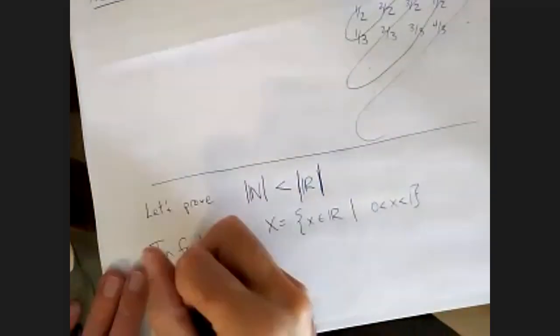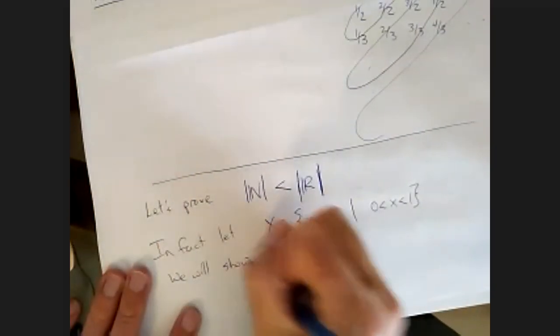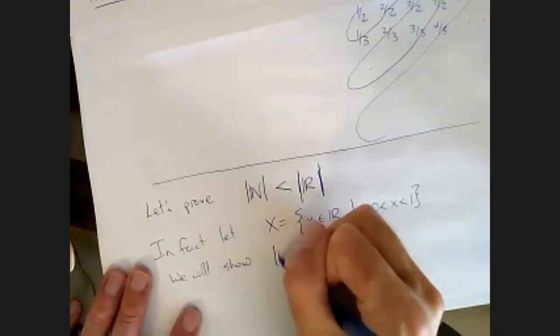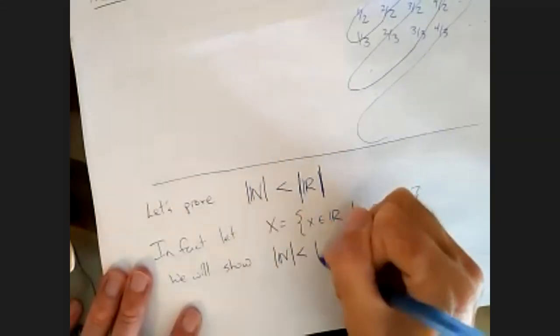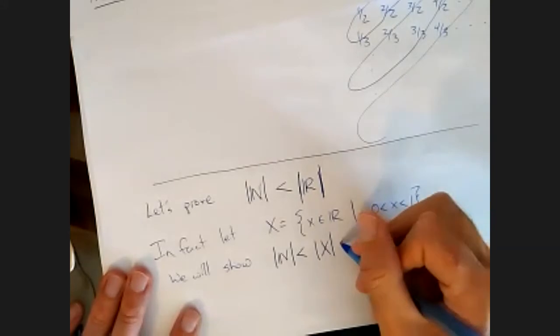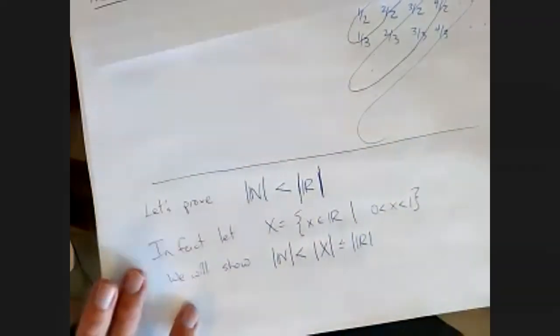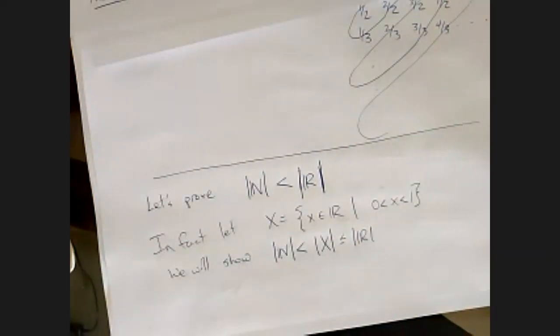So we'll show that the cardinality of the natural numbers is strictly less than the cardinality of X. And X is a subset of R, so the cardinality of R is greater than or equal to that.